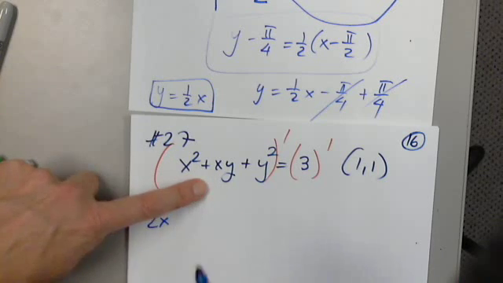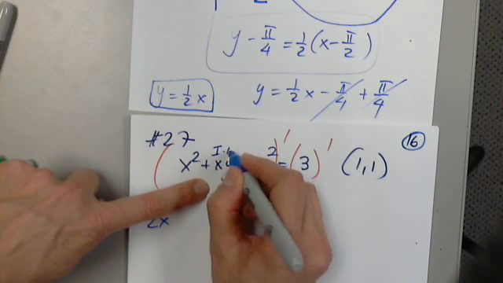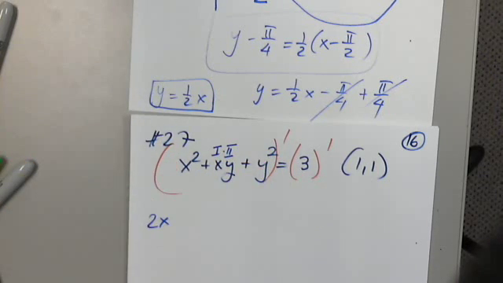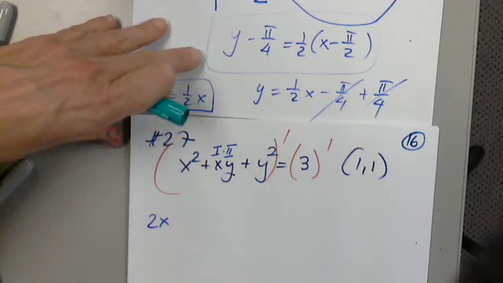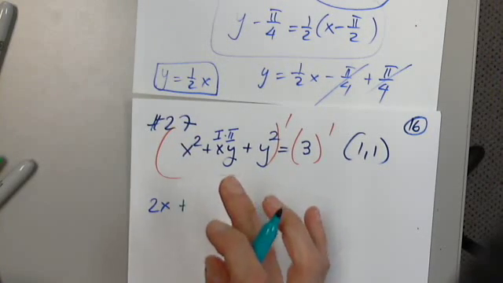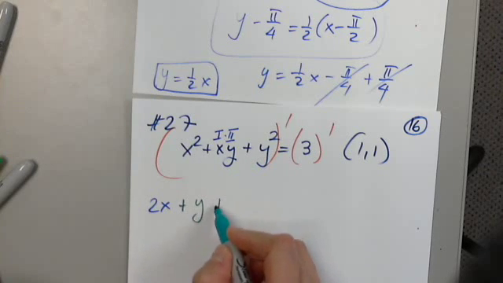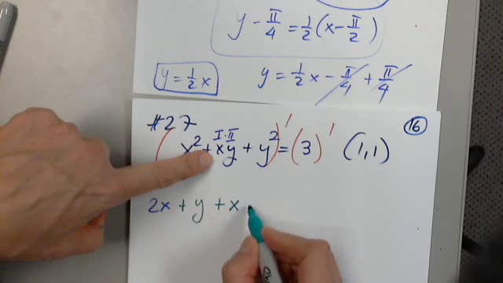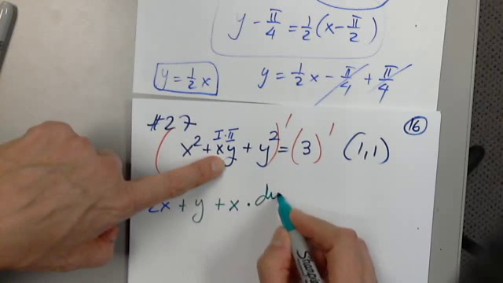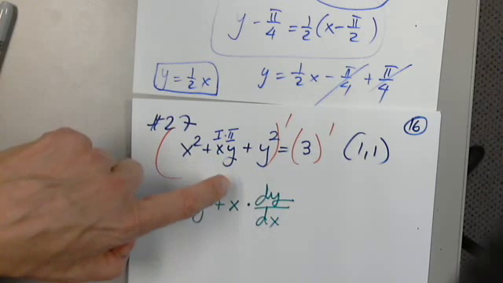So the left-hand side, please. 2x. Now I have to stop and be very careful because this is a product. Do not assume or try to do anything else. This was invented 1,000 years ago. We can't change that. Yes. So plus 1 times y plus x dy over dx.